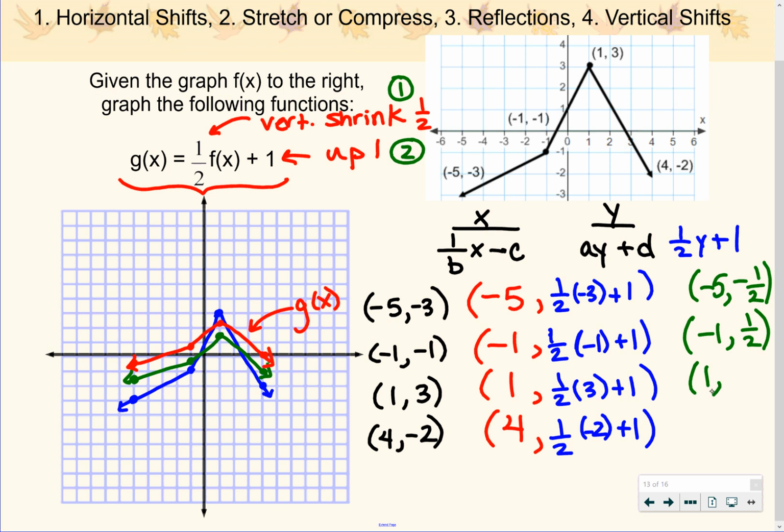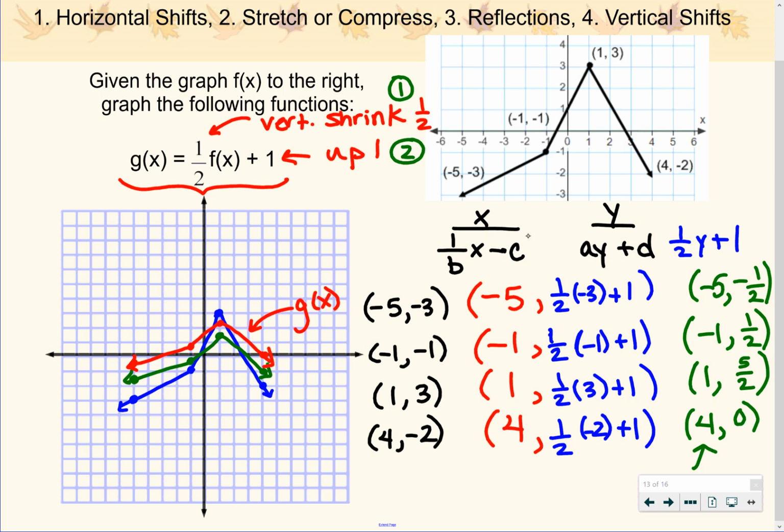I'll have 3/2 plus 1, which is 5/2, or 2.5 if you want. That's the top point on the red function. And the last one is 4, and -1 plus 1 is 0, which was the last point we plotted. Those 4 points are the only thing you would have to graph.